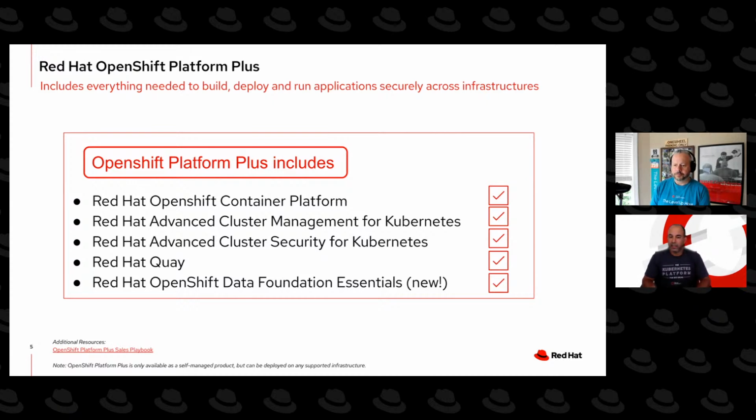And finally, and that's an integration that was done, I think, a few months ago, it also gives you OpenShift Data Foundation Essentials, which is basically our OpenShift storage, but limited in terms of usage and size. But it's a very good foundation to start your OpenShift Plus journey.